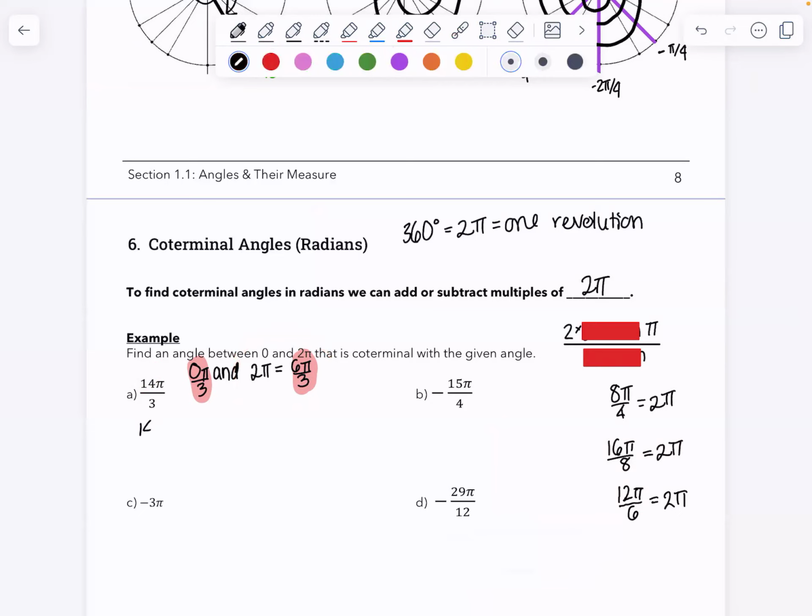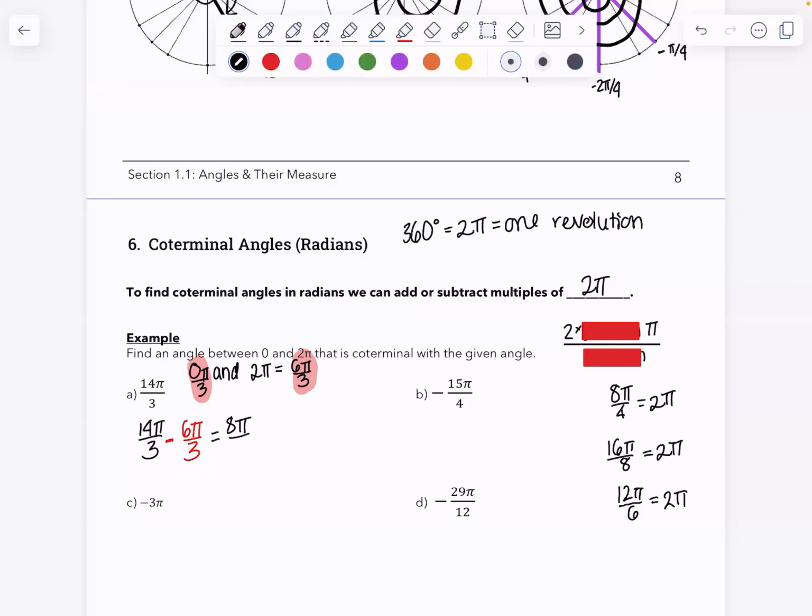We subtract 6 pi over 3, which is easy because they have the same denominator. 14 minus 6 is 8.